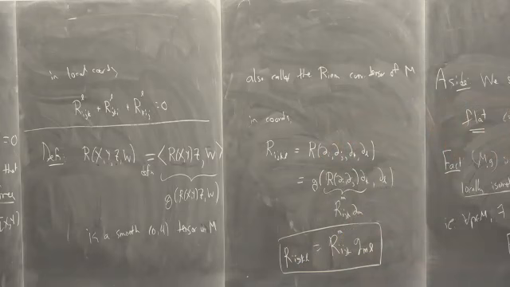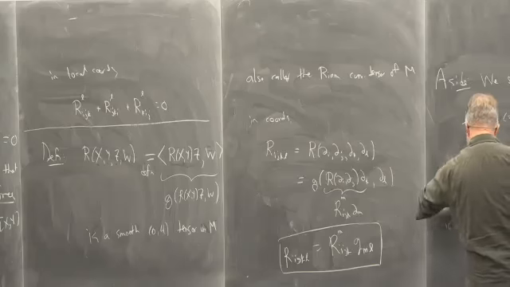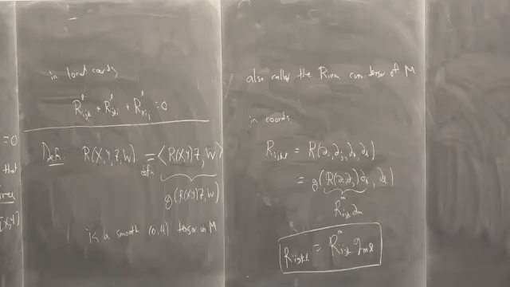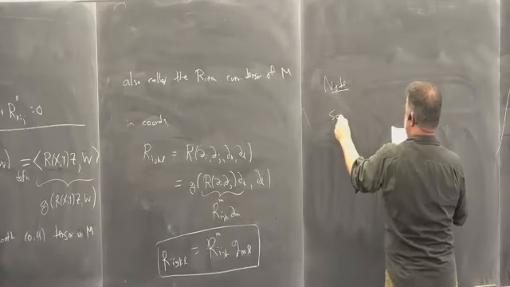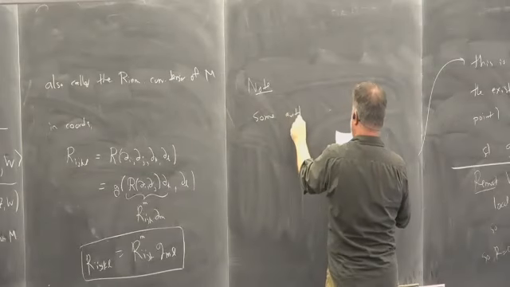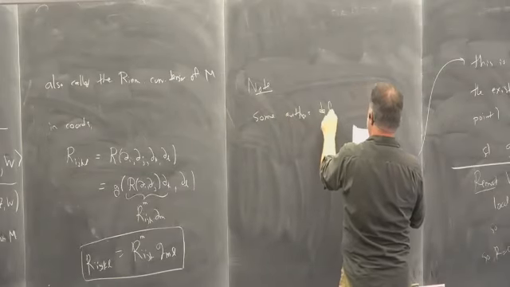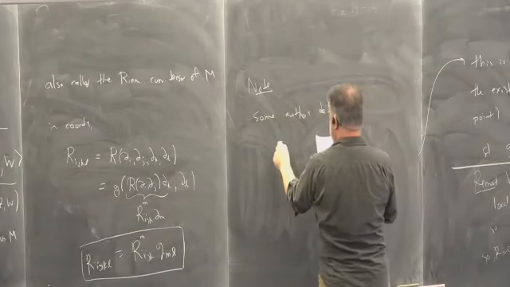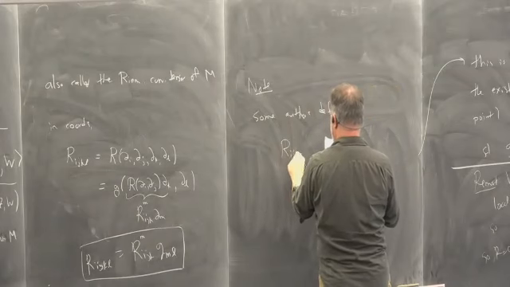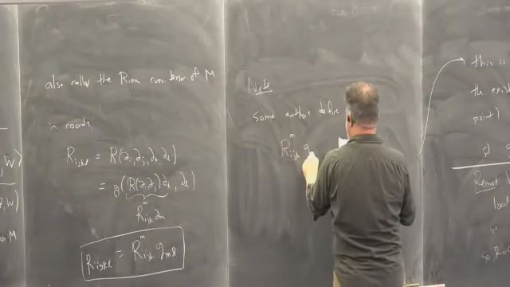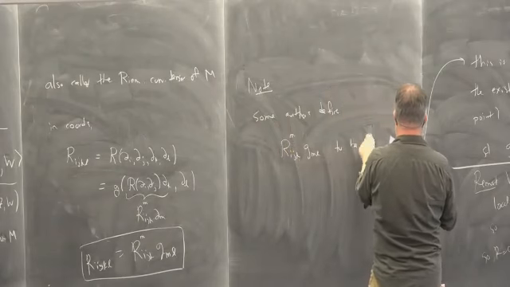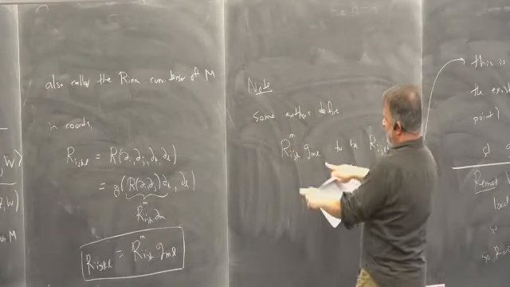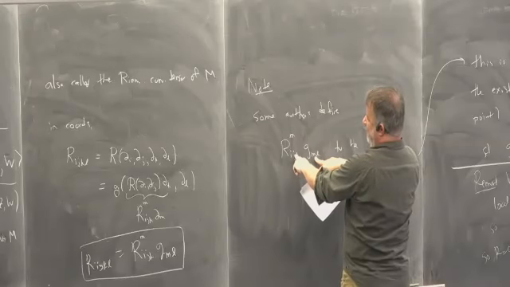So let me make another remark here about conventions. Note some authors define R I J K M G M L to be R I J L K. They'll lower the index and lower it to the front.